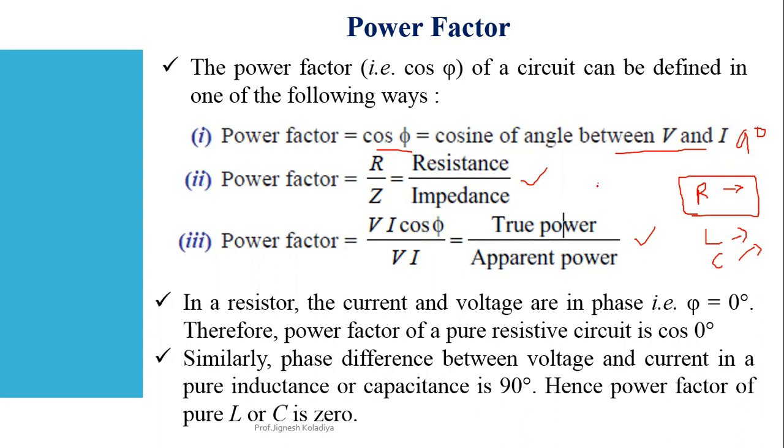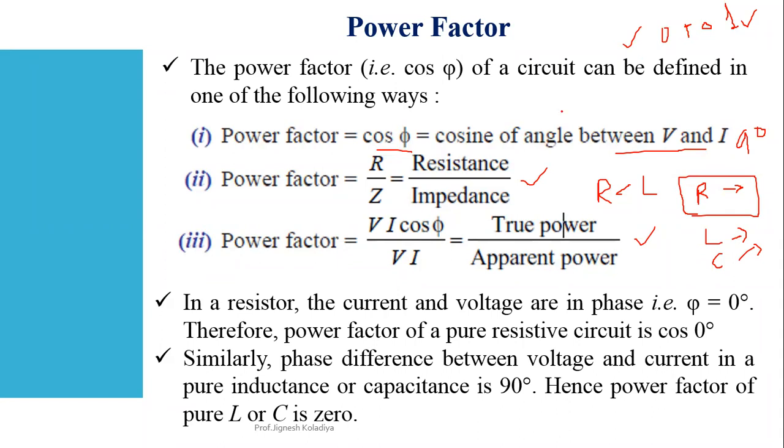And if you make a combination, your power factor varies in the range of 0 to 1. 1 is the maximum value of power factor, 0 is the minimum value.